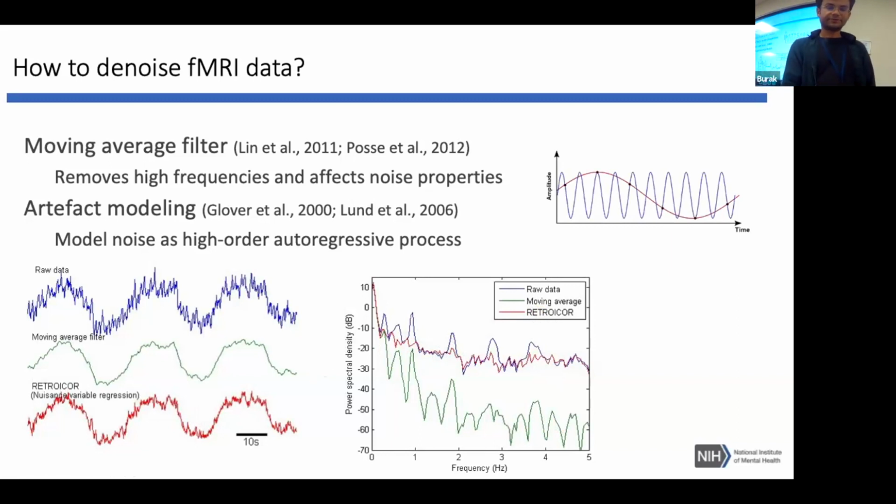There is a potential risk in the moving average filter if your data is not sampled enough. In this case, you see a highly oscillating signal that is measured with a slow sampling, and then it will appear as a low frequency. This is called aliasing in signal processing. So if you just filter, the physiological artifact induced might not be filtered. That's what I'm trying to say.